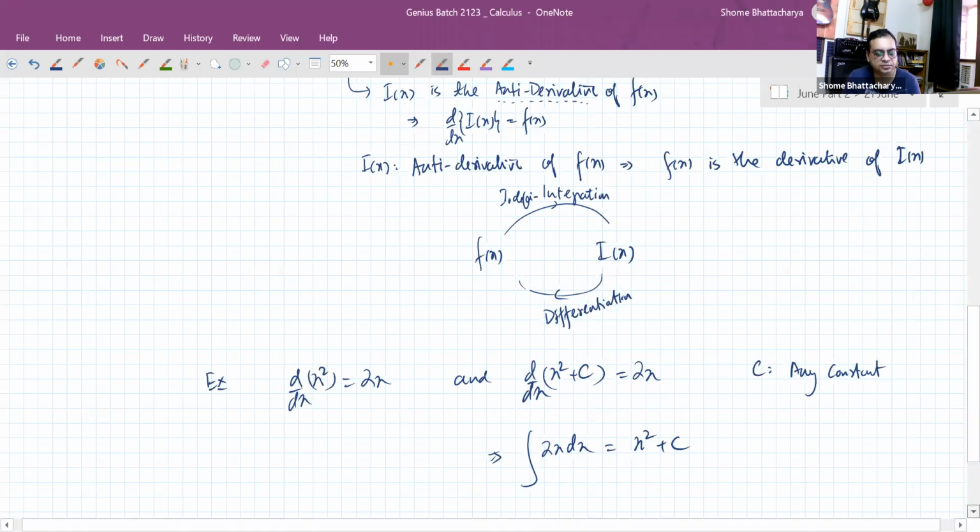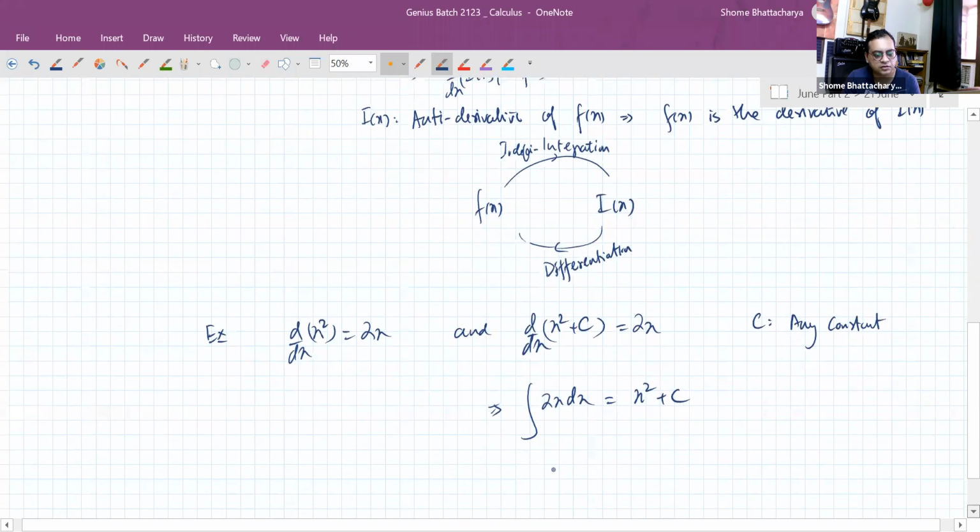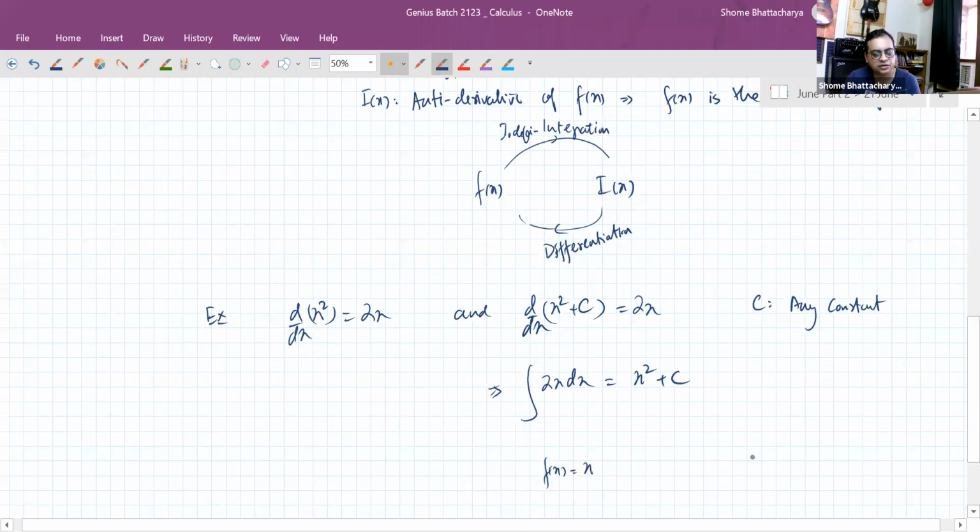So you can see the relationship between the function x squared plus c and the function 2x. Integration of this gives us this, which means that if I have this function to begin with, then differentiation gives us this.